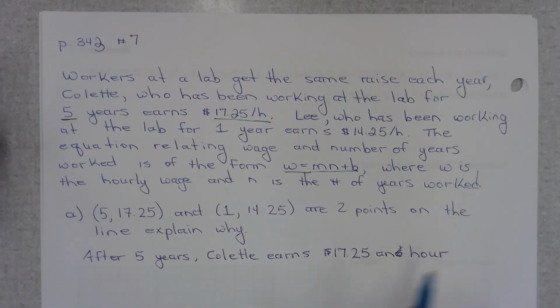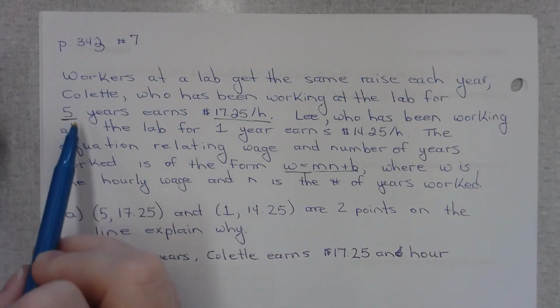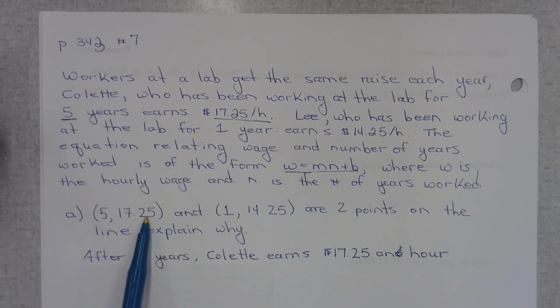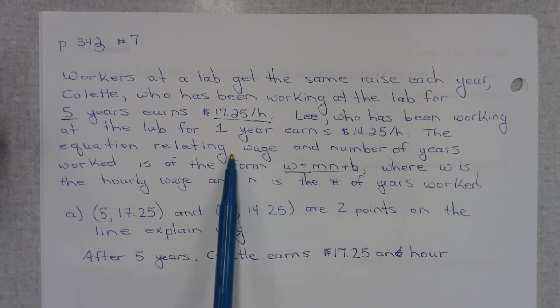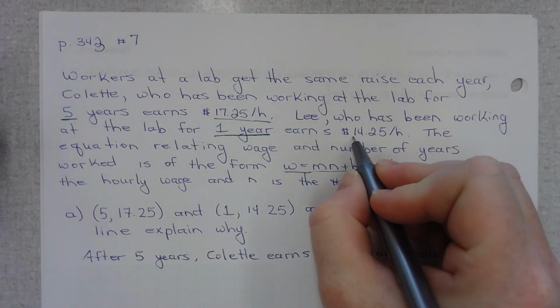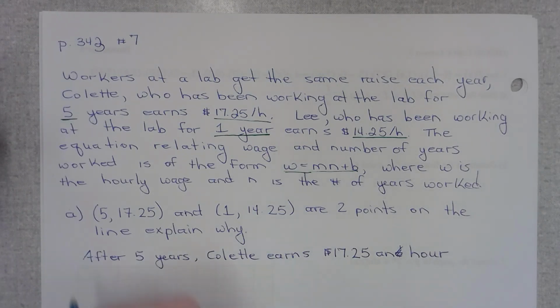Since she earns $17.25 an hour after 5 years, that point has to be on the line if the line relates how much they earn to the number of years they've worked. And we also know that Lee has worked for 1 year and earns $14.25 an hour.